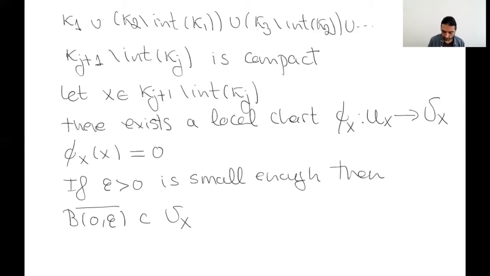Let's keep these facts. So we're working with K_{j+1} minus the interior of K_j, and in particular with one point in there.